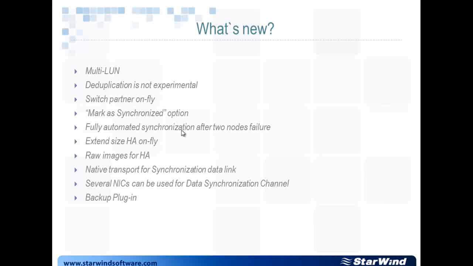So, for those of you who already know what deduplication is, you can easily implement it in your production environments, and feel free to contact us if you have any additional questions about it. It is supported, so we can definitely provide support for it.